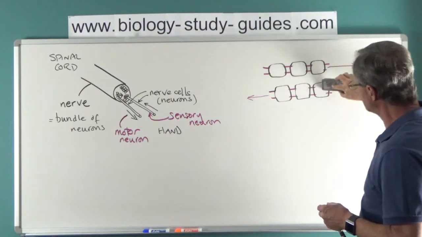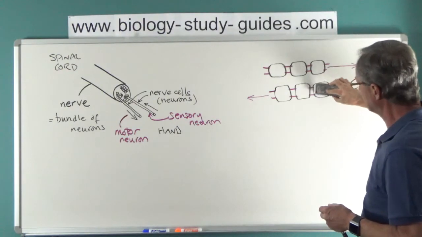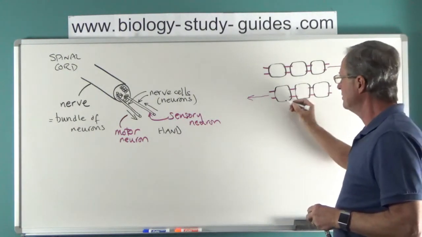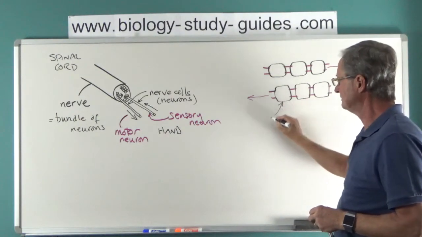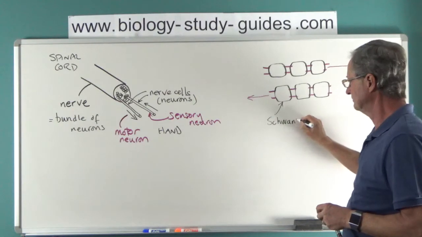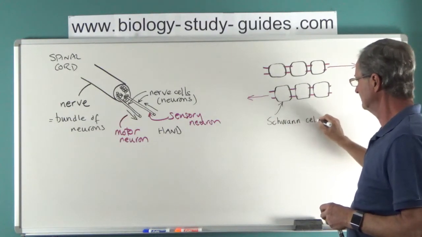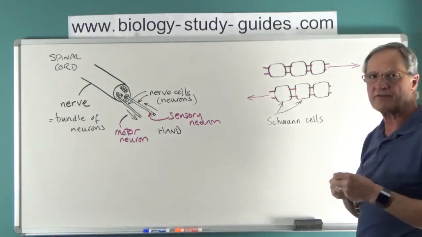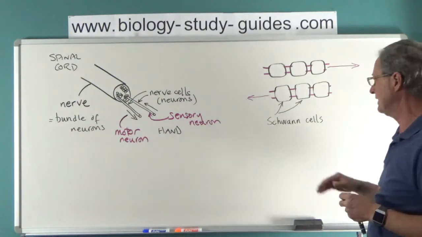These cells which are surrounding these and protecting the impulse, surrounding these fibers, are called Schwann cells, named after Theodor Schwann, who discovered them in the 1800s in Germany.